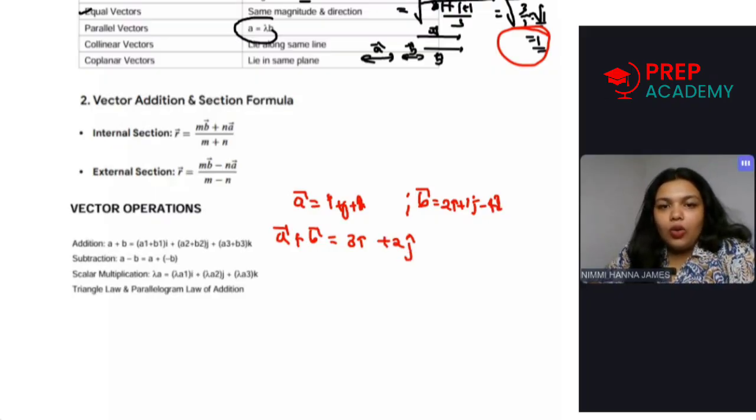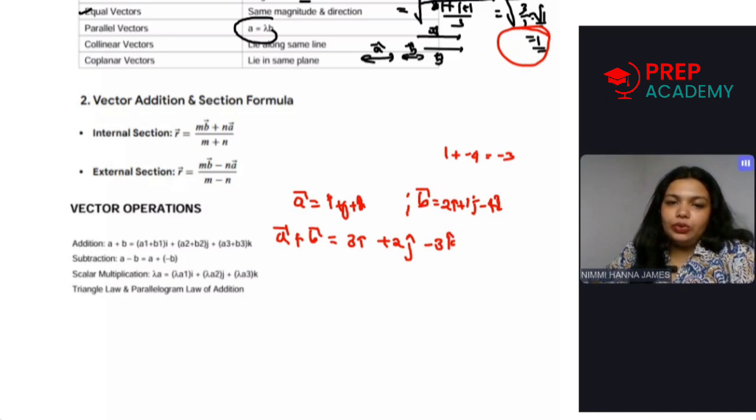Now here the k component is 1 and in the other it is minus 4, so 1 plus minus 4 is 1 minus 4, that is minus 3, so minus 3k. That's how we do the operation on the i components, j components, and k components.